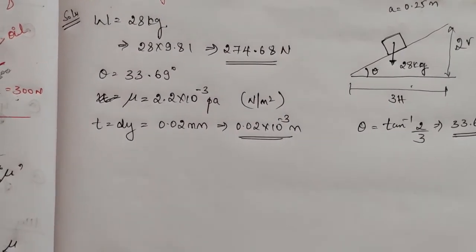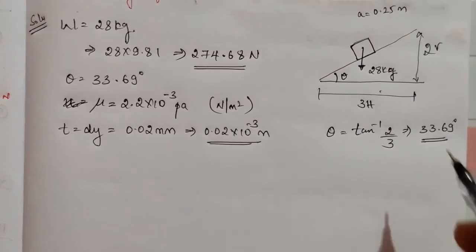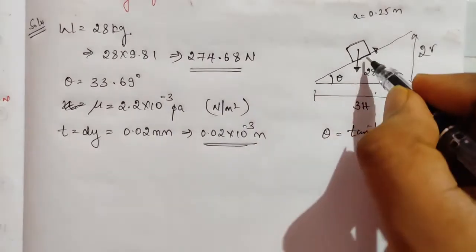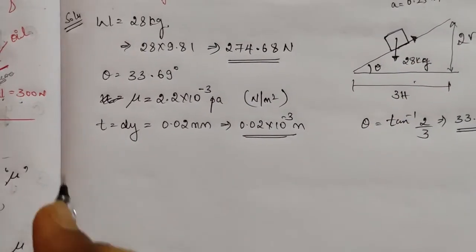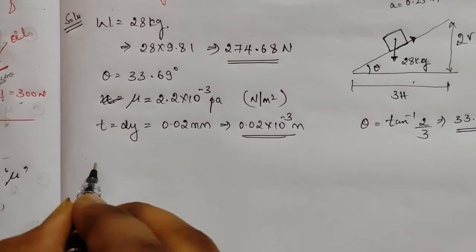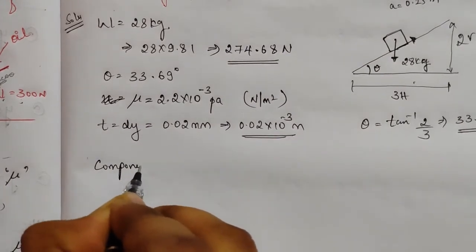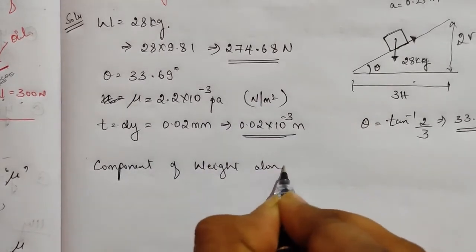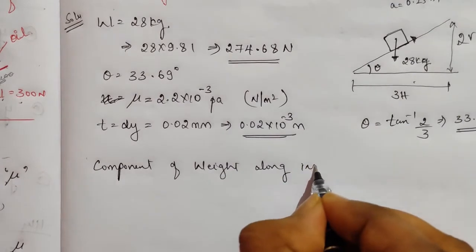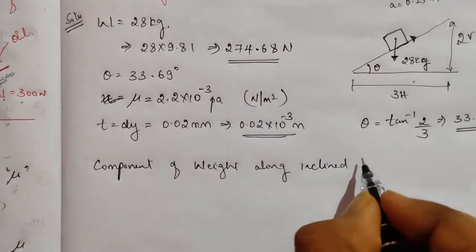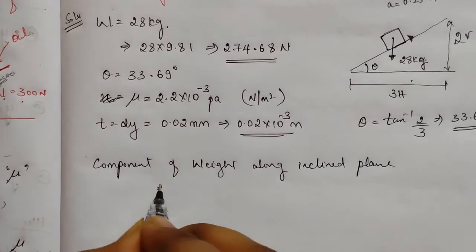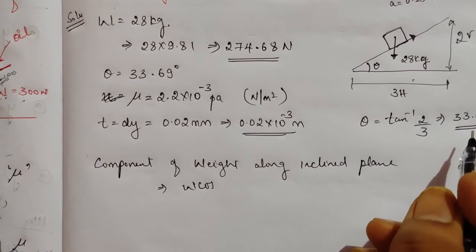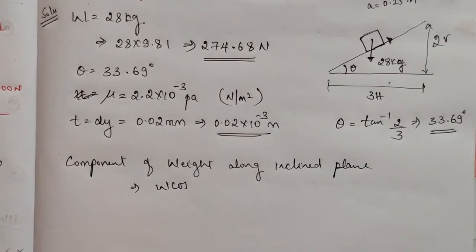Then, as we did earlier, I need to take the weight along the plane surface. So I need the force, the component of weight along the inclined plane, that is W cos, how much? 33.69 is given, right?